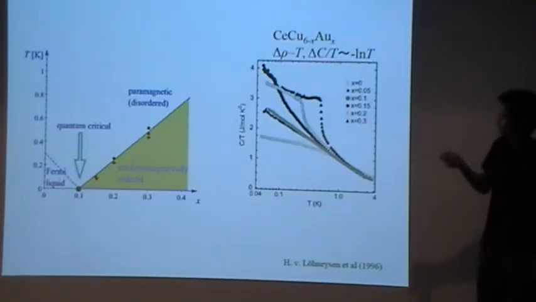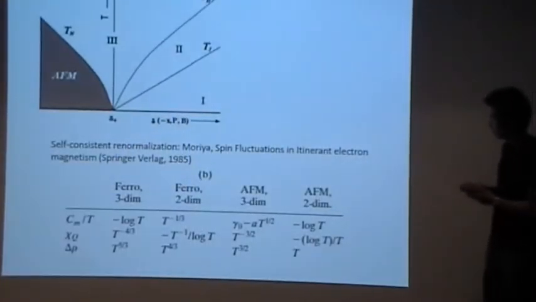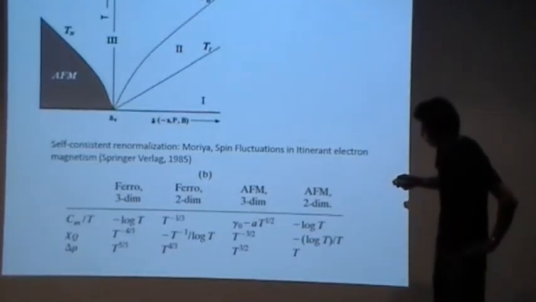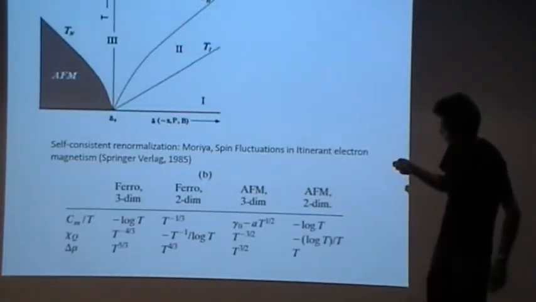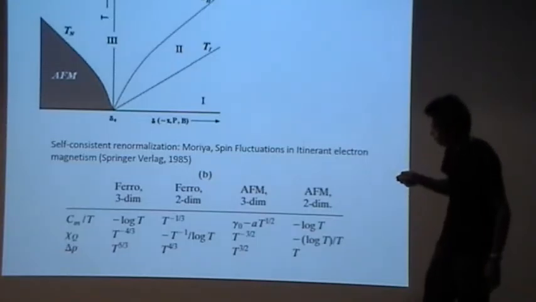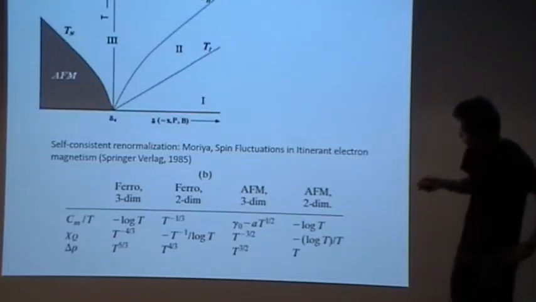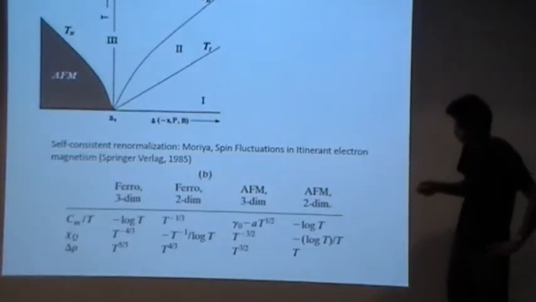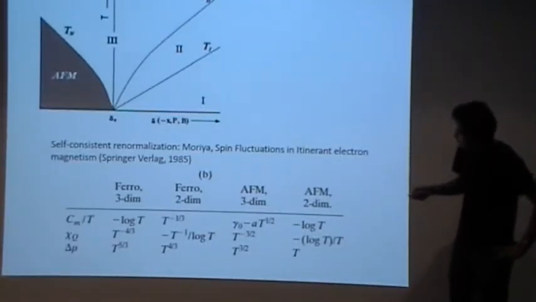So I was wondering why it is a good non-Fermi liquid. Then I looked for some difference, and actually there was a good one, and that is this one. There is a theory about this quantum critical point called self-consistent renormalization by Moriya, and they predict critical behavior for four types of cases.